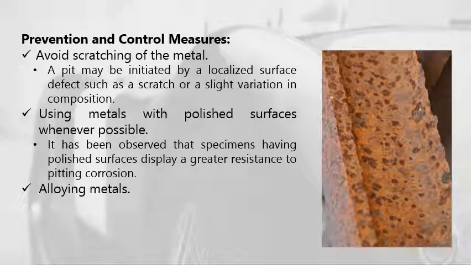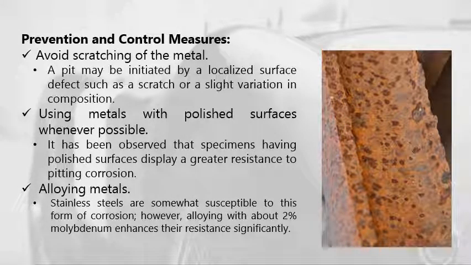And finally, we should alloy metals whenever possible because stainless steels, for example, are somewhat susceptible to this form of corrosion. However, alloying with about 2% molybdenum enhances their resistance significantly.